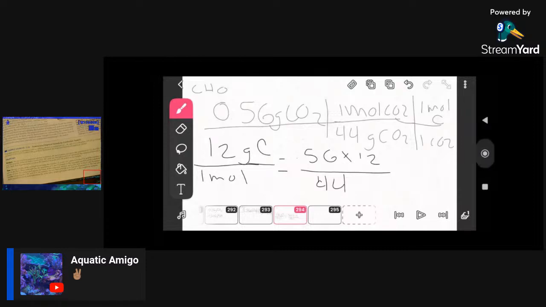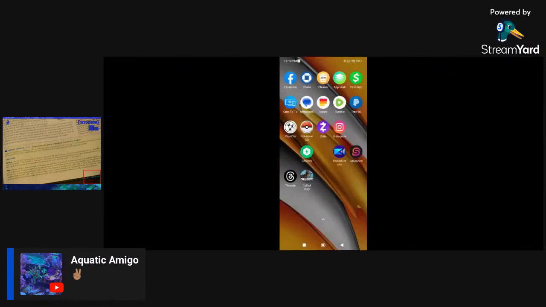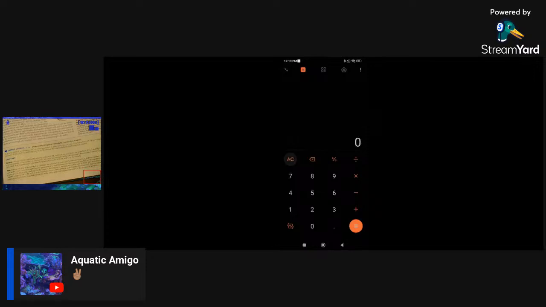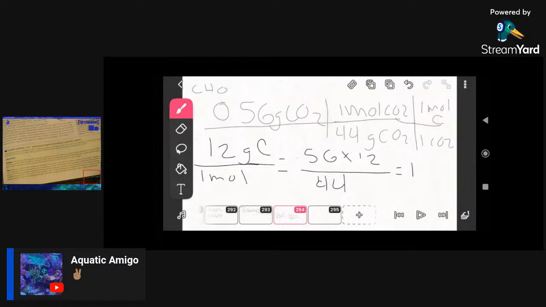Hope I remember that. What was it? 56 times 12, divided by 44 equals 15.27. All right. So it's equal to 15.27 grams of carbon. I'm just going to put a C for carbon. All right. Grams of carbon.